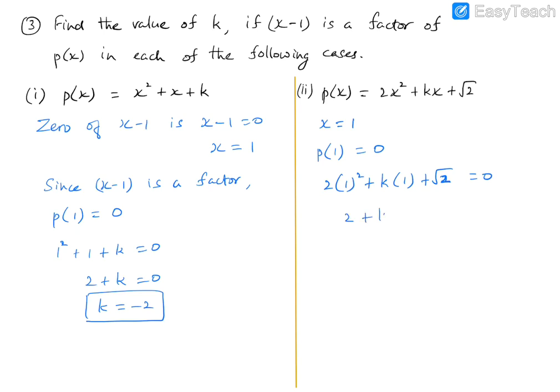So that will be 2 plus k plus root 2 equals 0. So that will give us k as, we take all the other terms to the other side. So we take the 2 to the other side, we get minus 2. And the plus root 2 to the other side, that becomes minus root 2. So k is basically minus 2 minus root 2. Okay, so that's the value of k for this particular case.